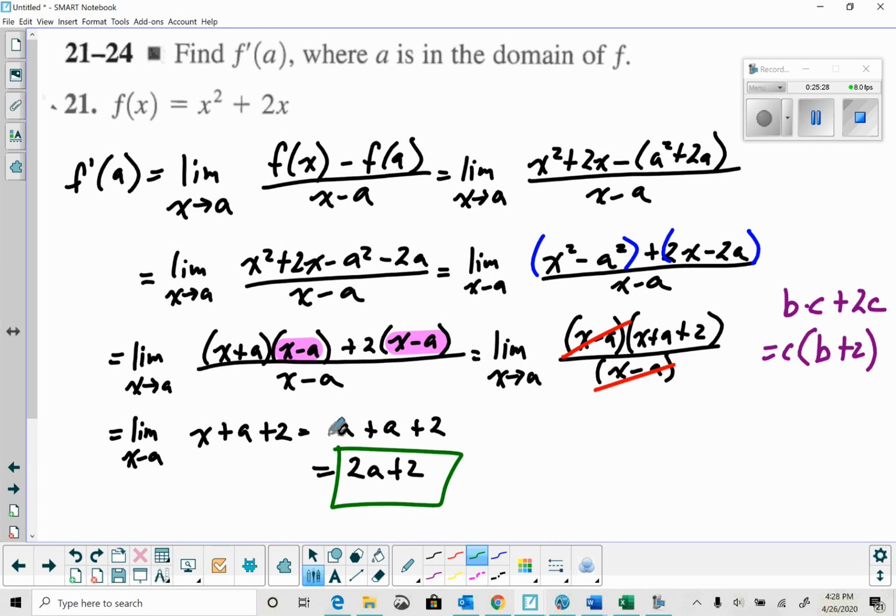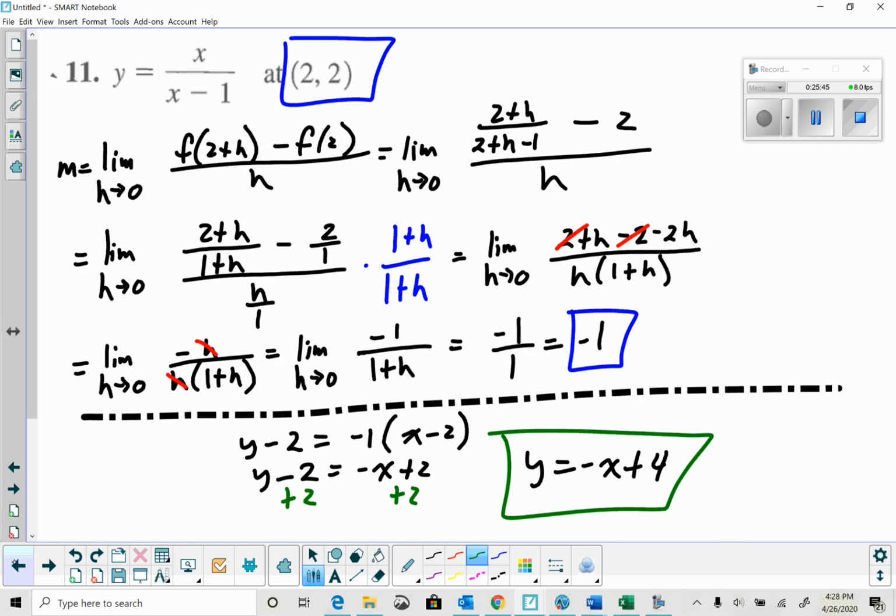Again, this is a big difference here with the directions compared to the first few. Using our limit as x approaches 0, that's usually going to give us just a single value. Now again, if you remember the difference in directions here, for number 11, they asked for the equation of the tangent line. So the whole limit as h approaches 0 did in fact give us a number, but then we took the extra step to write the equation.